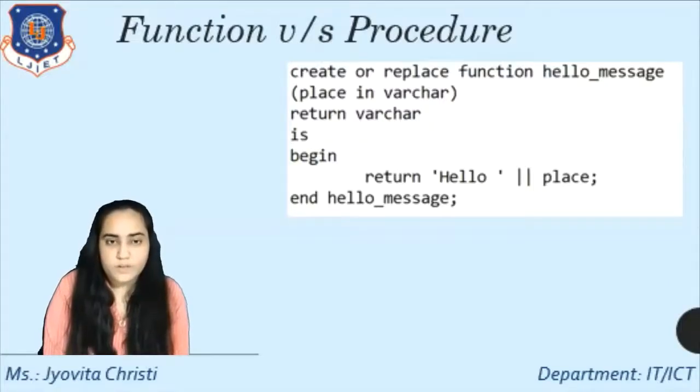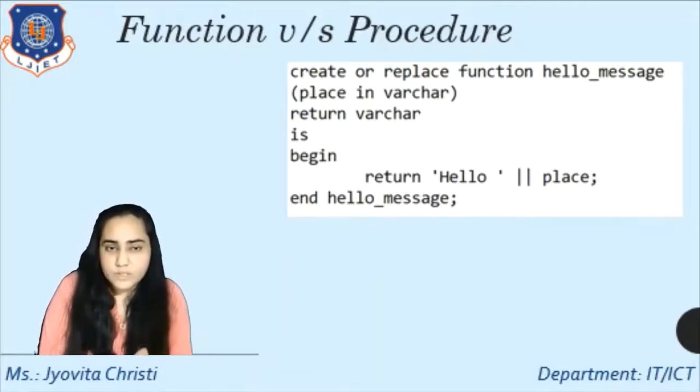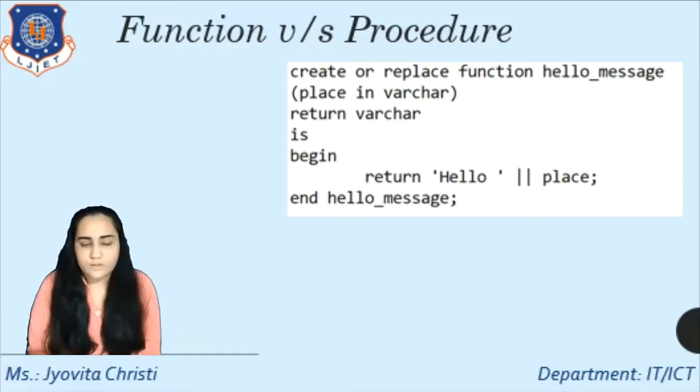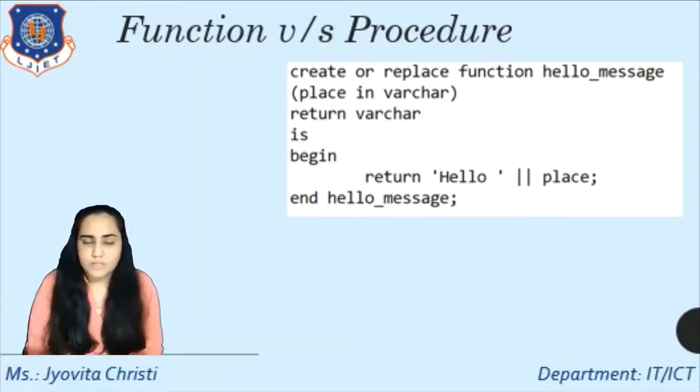This subprogram that we have here is different from a procedure because number one, instead of writing the keyword procedure, I have used the keyword function. So it is a function and not a procedure. The difference is that instead of just implementing the action, there is also something being returned in this.